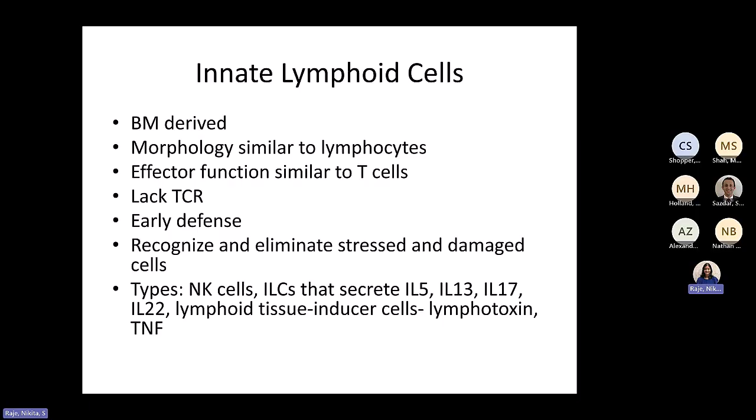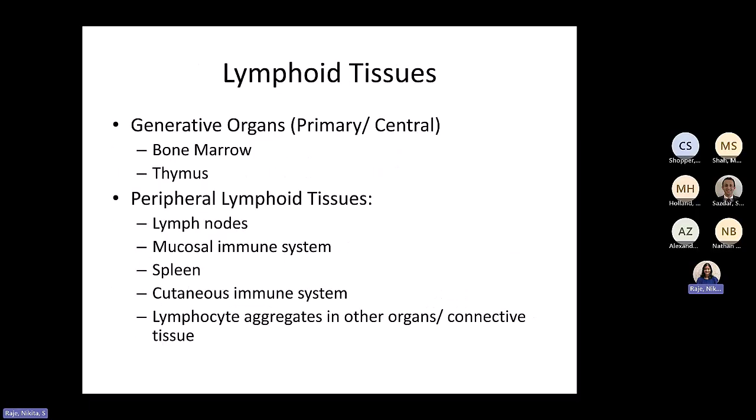They recognize and eliminate stressed and damaged cells, and their types are ILC type 1, type 2, type 3, and they also secrete some cytokines that are similar to what come out of different helper T lymphocyte subsets, and they also produce lymphotoxin as well as TNF.